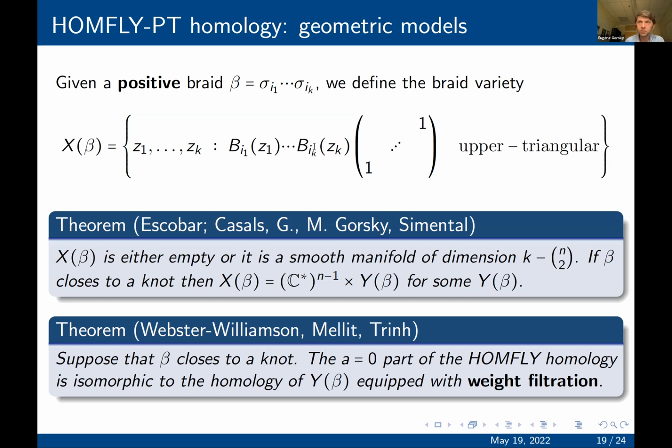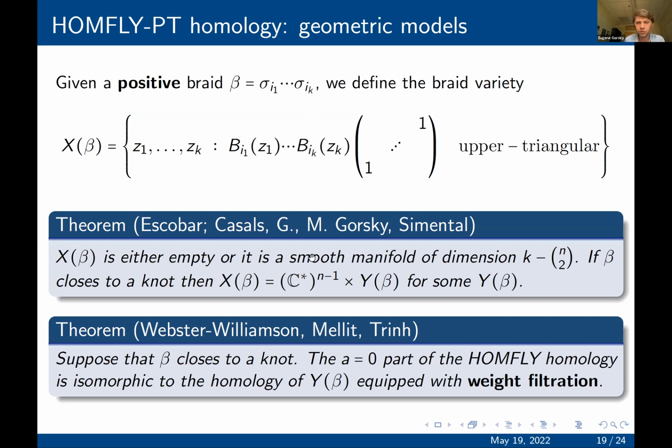That's right. And so you can ask lots of questions, like, do we know this variety? Have you seen this before? Many of you actually have seen this before, and I'll explain why. People from geometric representation theory, for example, Laura Escobar, proved in a different language, and then in a joint paper with Roger Casals, my brother Michael, and Jose Simental, we translated it to this language, that this variety is either empty, for example for the trivial braid, this is never upper triangular.